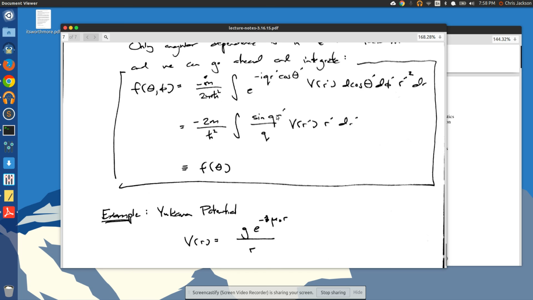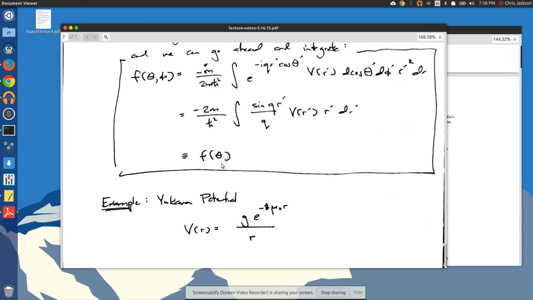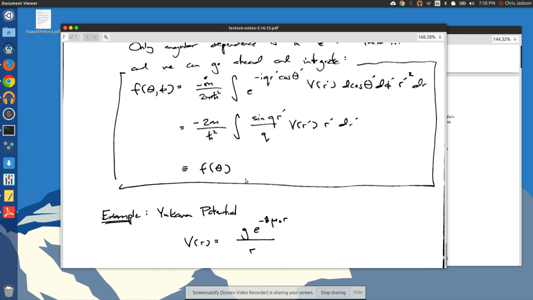Typically we just write it as f of theta, so a lot of times in books you'll just see this notation, and it's because of azimuthal symmetry: there's no dependence on the azimuthal angle, so it's always just the theta dependence.